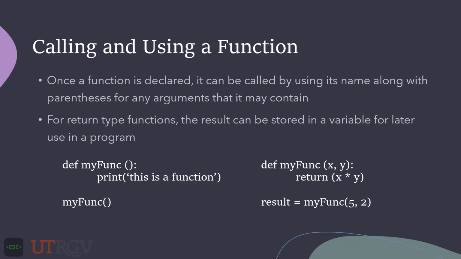It wouldn't make sense to have a return type function and just call it, because if you call the function without using or storing the result, it did its work, but the result is stuck in memory and just going to be unused.